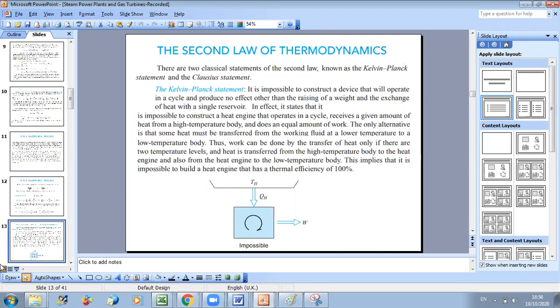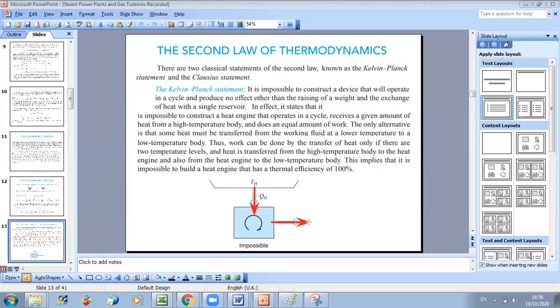It's saying that if you provide heat to the system, you can never expect that all the heat you give will be transferred completely into work. This is not possible, and this is why it will limit the efficiency of our system. We will try to use some engineering strategies to increase this efficiency.